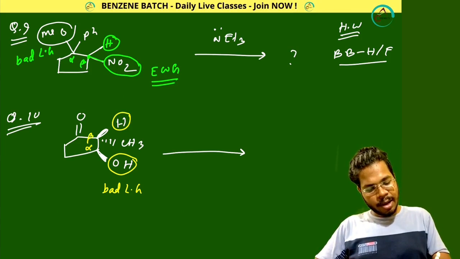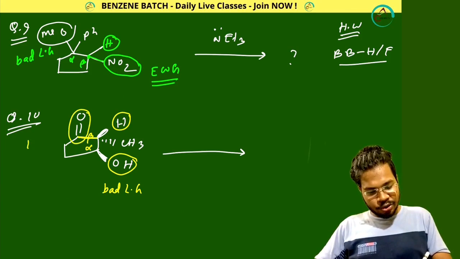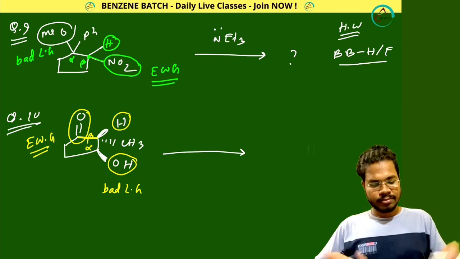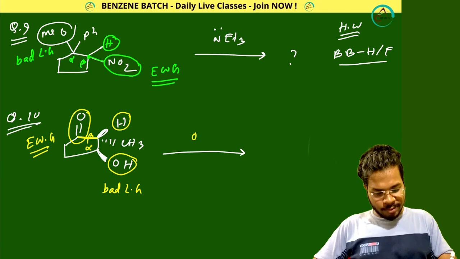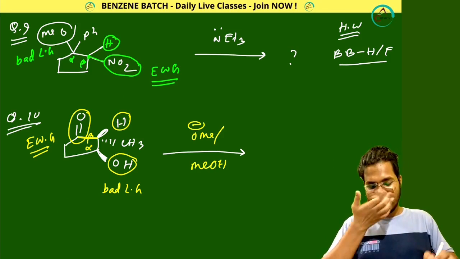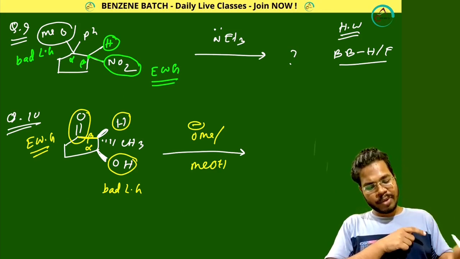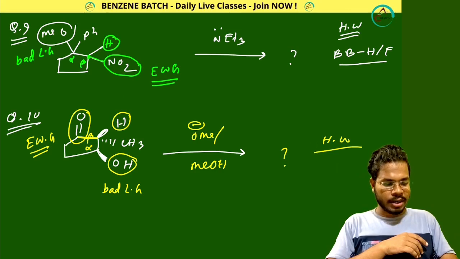With this beta carbon you are having beta hydrogen, and also this electron withdrawing group. That means you can do this using the OMe minus, MeOH base. I hope you can do it and give me the product. This is again your homework, submit it to the benzene batch.